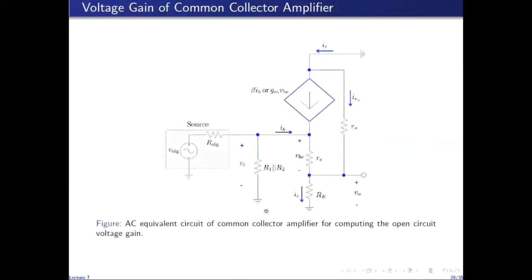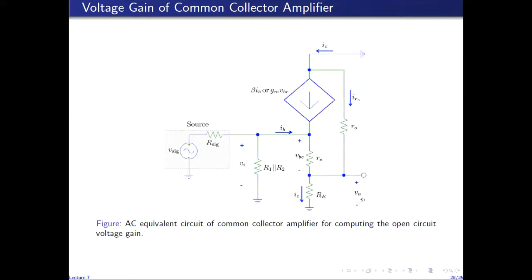The only difference is that instead of RE, this resistor will have resistance equal to RE in parallel with RL, and I will designate this voltage as VL instead of V0.